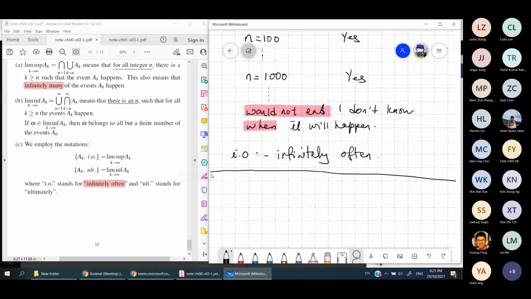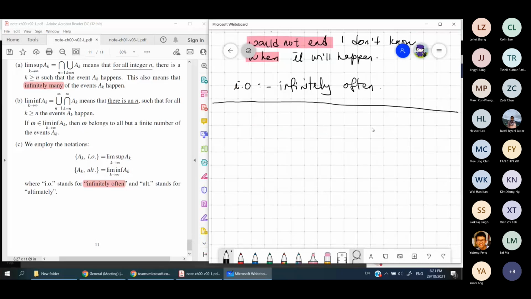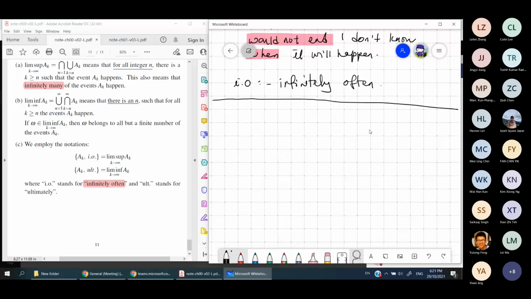For the next one, we can use a similar idea to look at this. Let's say omega belongs to the limit infimum of A_k. By our definition, this is the union of all the n running from 1 to infinity, and k is n to infinity of A_k.